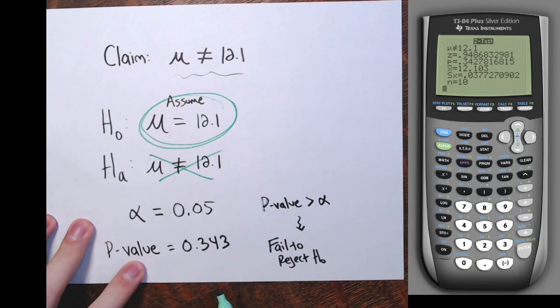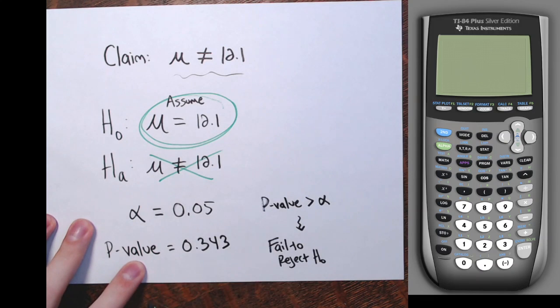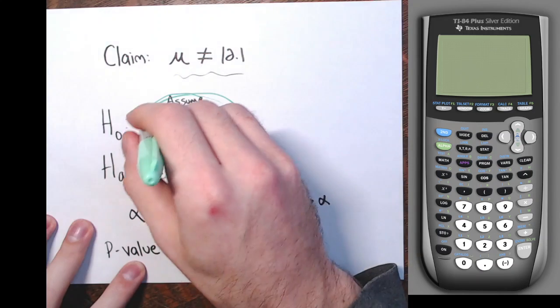So based on this evidence, you say, looks like the average amount in the soda cans is 12.1. That's reasonable to assume at the 5% significance level. I mean, this would also work for 1% significance or whatever, but really up to 34.3%. But we'd keep the null.